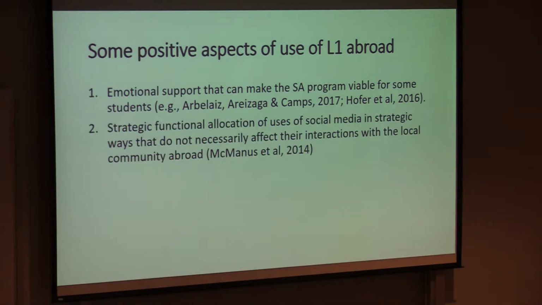There's also the notion of strategic functional allocation, and we'll come back to these issues later. McManus et al., for example, talk about the idea that you can contain, you can limit the use of the social media to certain environments, and then not allow those uses in other settings. And this is one study which actually looked at that, at least the conclusion was that that was what was going on with these students abroad.